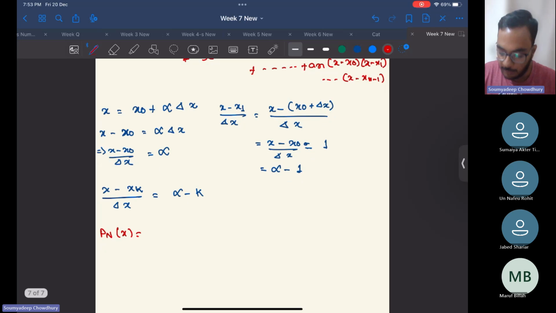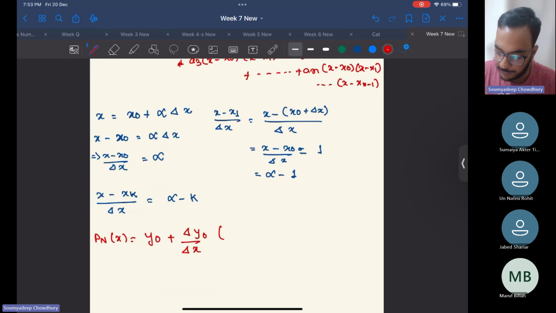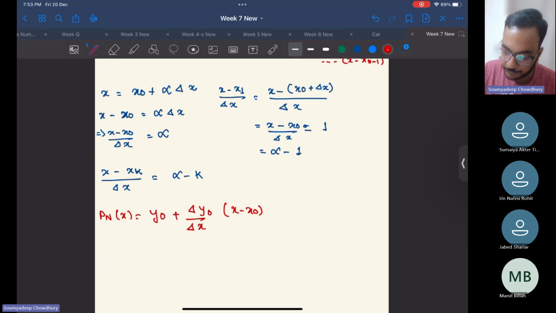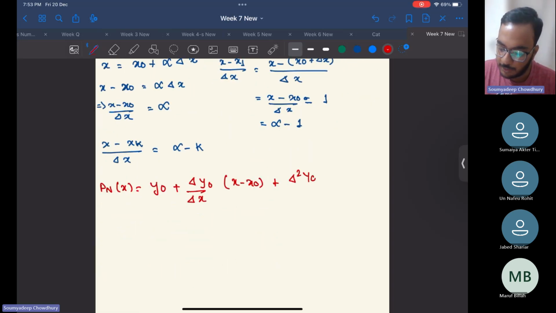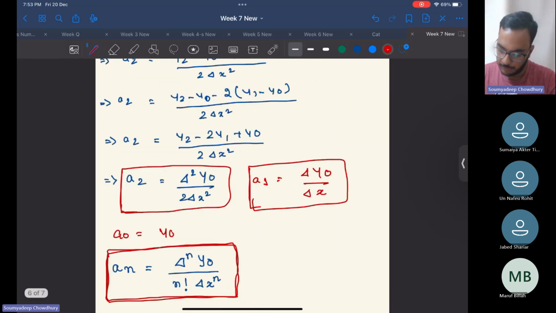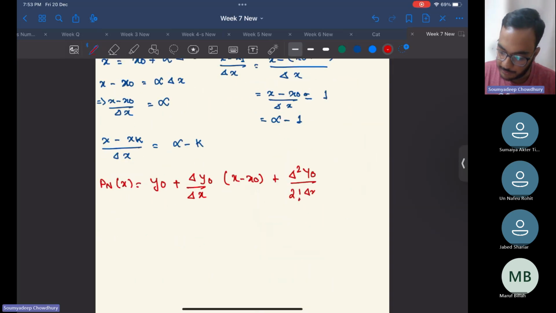Here I am substituting a naught as y naught. What is a1? a1 is delta y naught by delta x, into x minus x naught. Then a2 is del square y naught upon 2 factorial into delta x square, into x minus x naught, x minus x1.